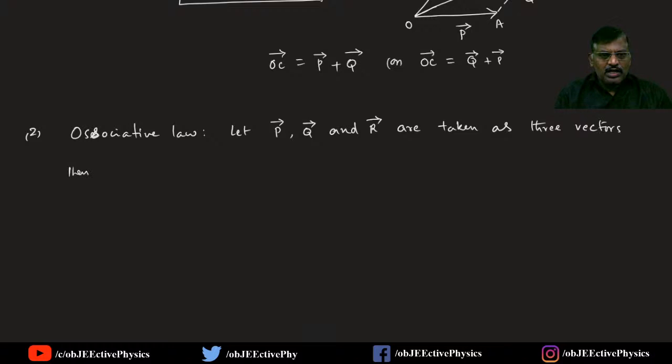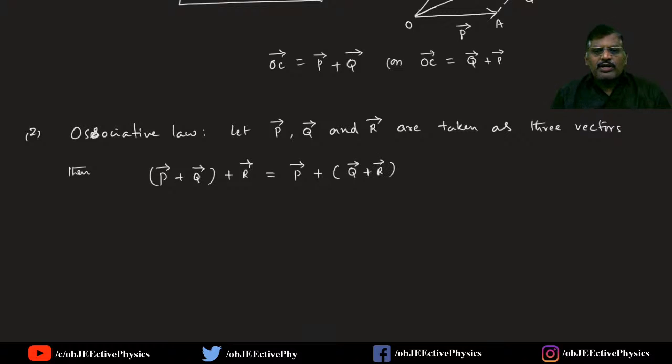Then the associative law can be written as: P bar plus Q bar is treated as one vector and R bar is a second vector, is equal to P bar is considered as first vector plus Q bar plus R bar is taken as second vector, similar to the commutative property.